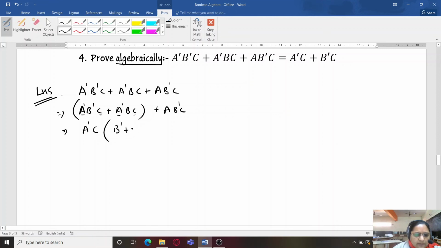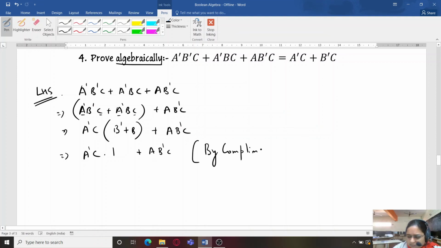What will be left is B' plus B. And this B' plus B can be written as 1 using complementarity law, that is x plus x' equals 1.